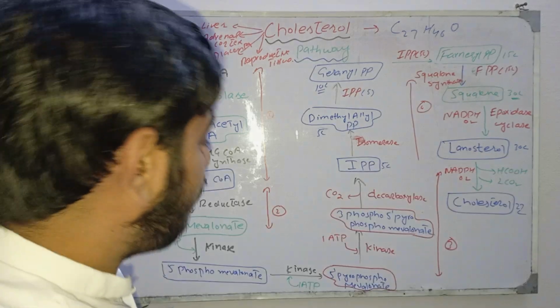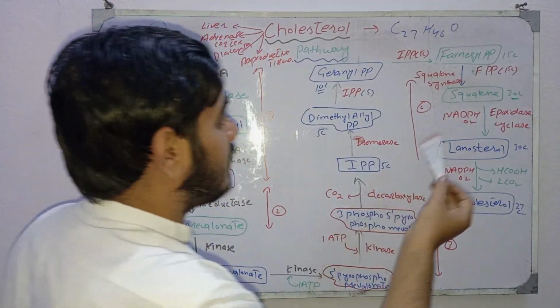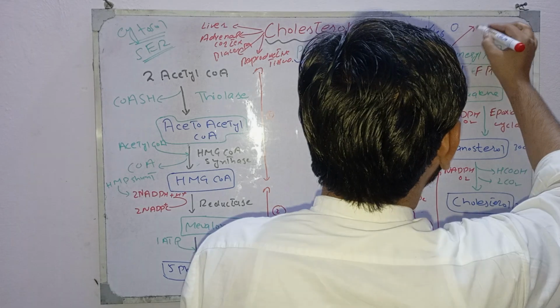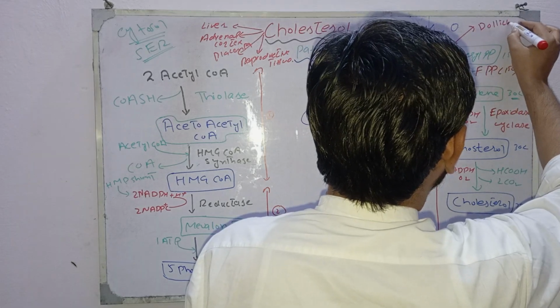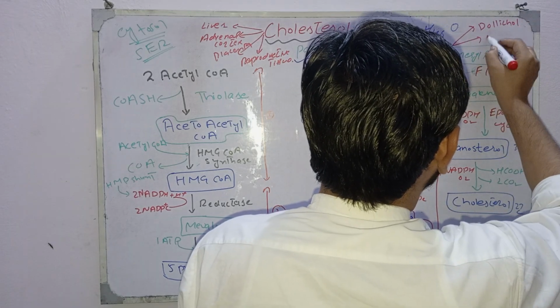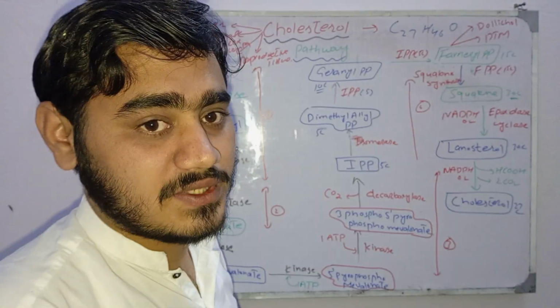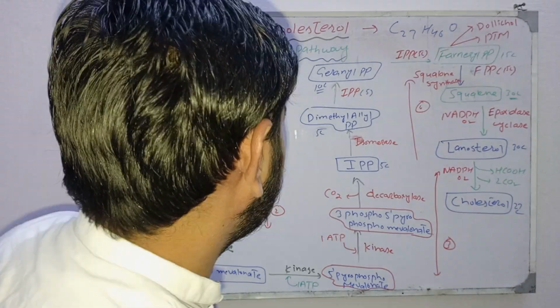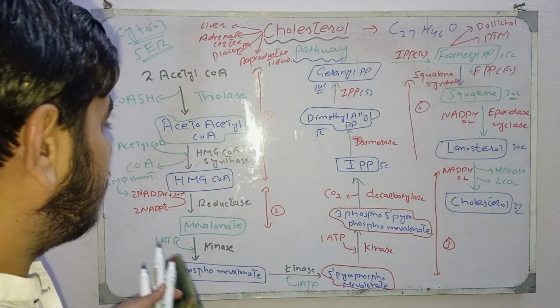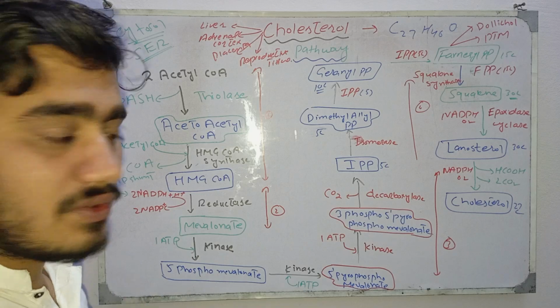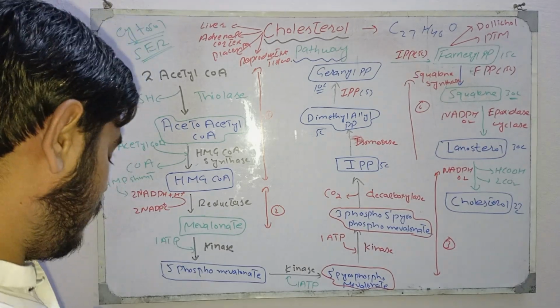This farnesyl pyrophosphate is very important in synthesis of dolichol and in post-translational modification of protein, which helps in the protein targeting. Okay students, now let's talk about regulation of cholesterol.